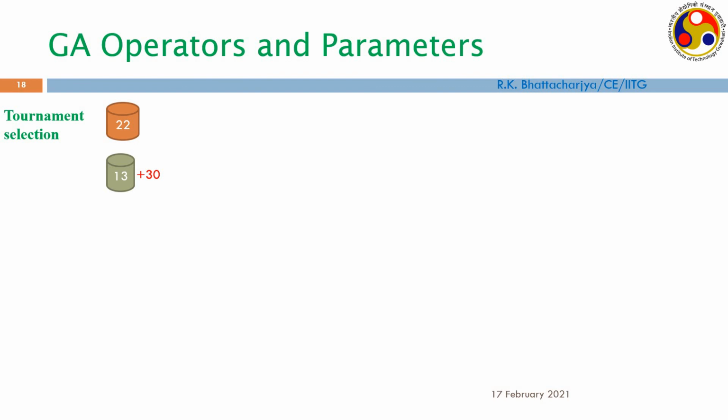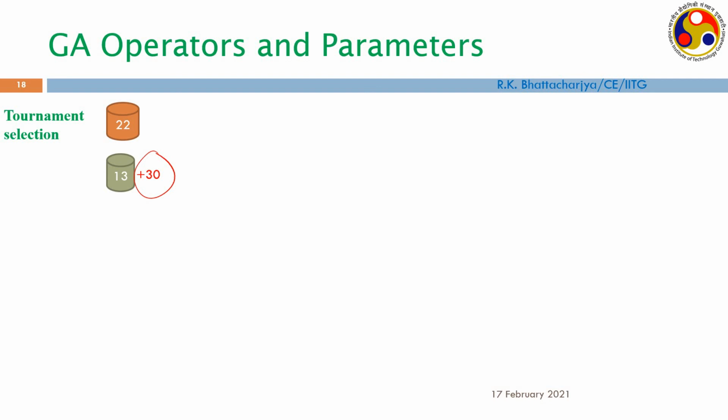The second one is 13, but there is a plus 30. What is plus 30? This is a constraint violation. If you recall, the volume should be equal to 300, but in this case, because the can size is small, you cannot take a volume of 300, it is taking 270. So that solution is not acceptable to me because it is violating that particular constraint.